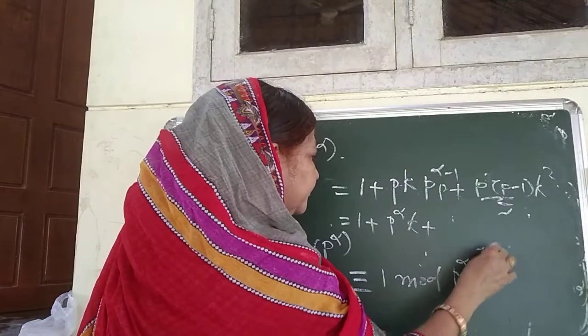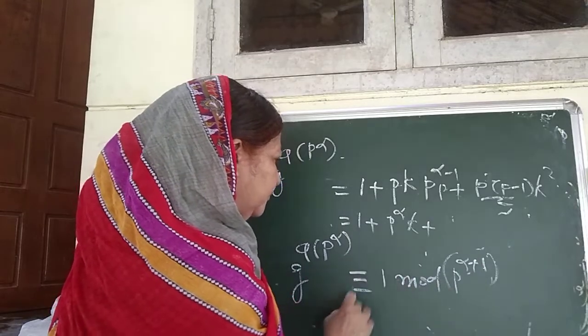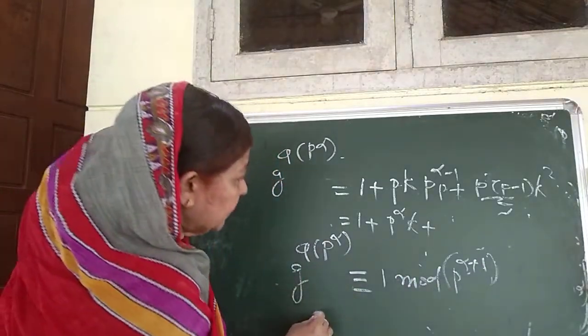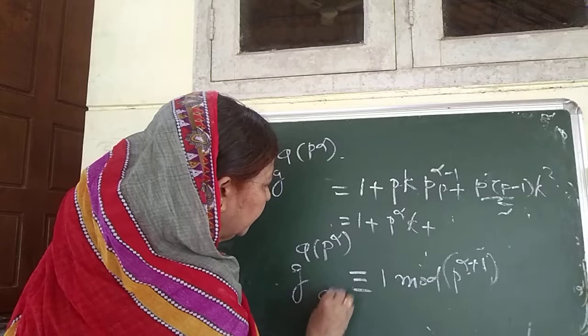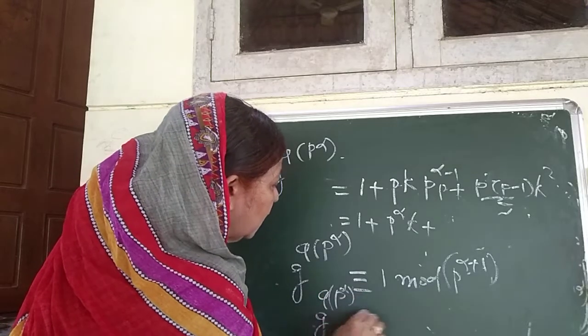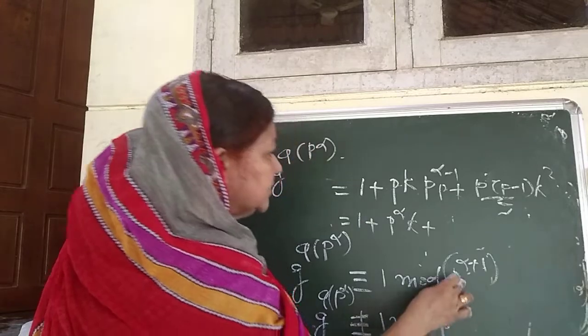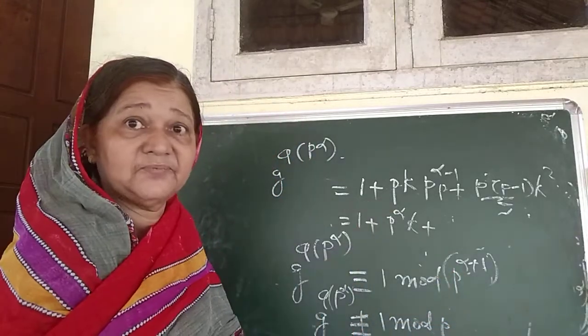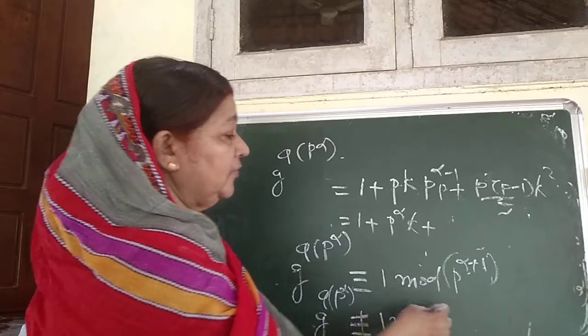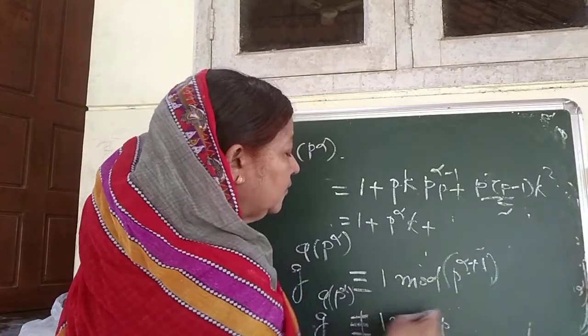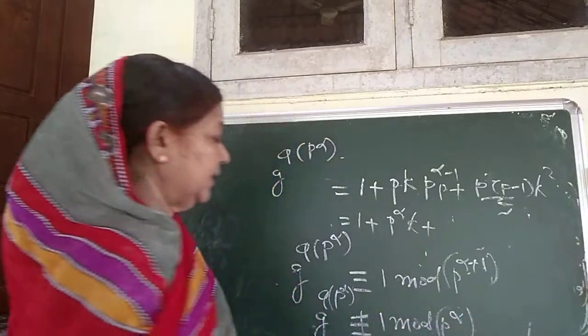So we see that g raised to phi of p raised to alpha is not congruent to 1 mod p raised to alpha. It is 1 mod p raised to alpha plus 1, it is not 1 mod p raised to alpha. Therefore, it is not congruent to 1 mod p raised to alpha.